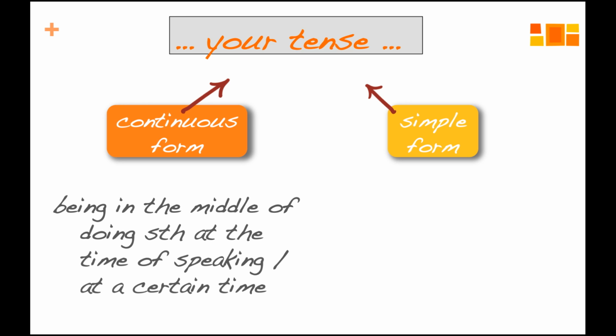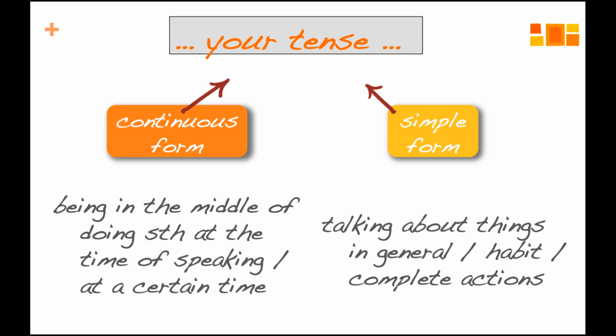Continuous form, ing form, means being in the middle of doing something at the time of speaking, at a certain time, be it the past, the present, or the future. It means that somebody is in the middle of doing something at the time of speaking. And we use the simple form when we're talking about things in general, about a habit, for example, and for the past, about a complete action.